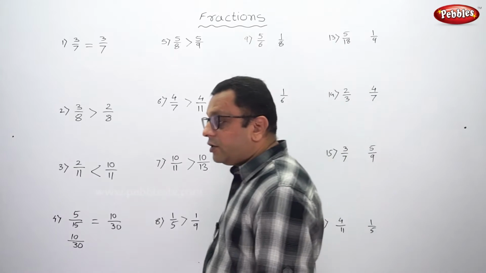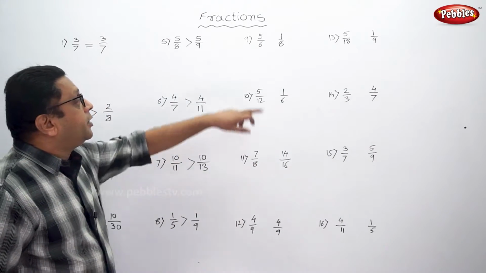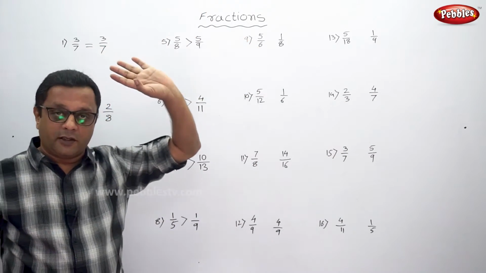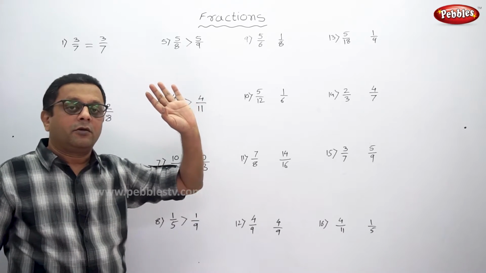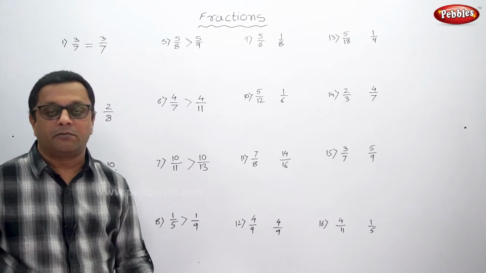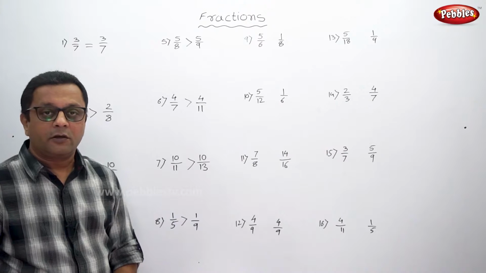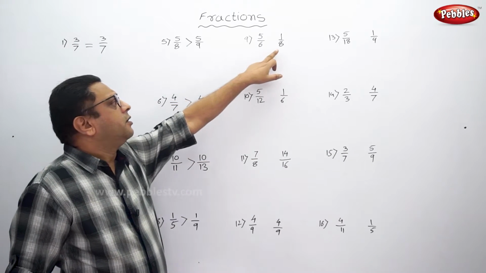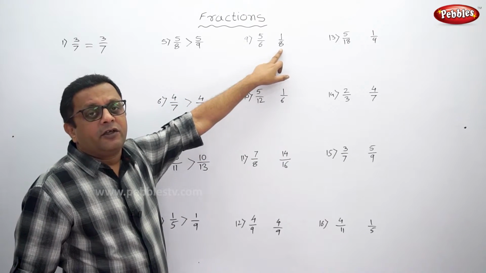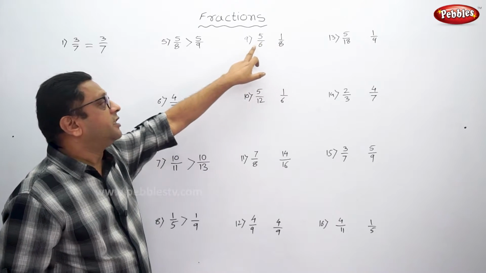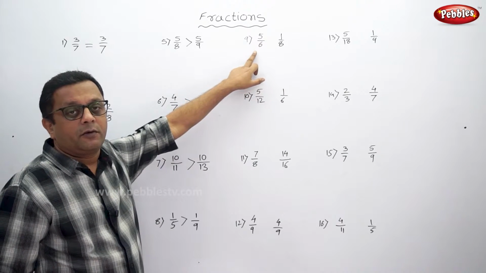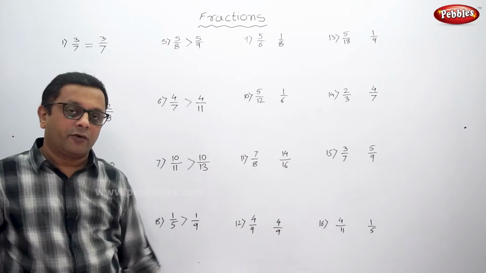9th, now here numerator and denominator, nothing is the same here, unlike fractions, so I have to match them, correct? So here 8 2s are 16, 8 3s are 24. So 6 is also a multiple of 24. 6 4s are 24.